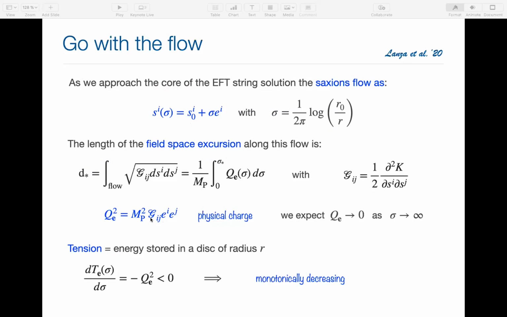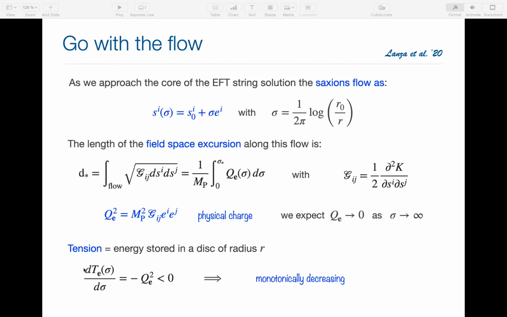And of course, what we expect, since we are having a weakly coupled string, is that the charge goes to 0, and this parameter flows all the way to infinity. Otherwise, realizing an infinite distance limit is going to be impossible. Okay. So this is how we are going to see how the distance becomes infinite, and something that we are also going to see when we look at the tension of the string, and here the tension I associate to the energy stored in a disk of radius r.